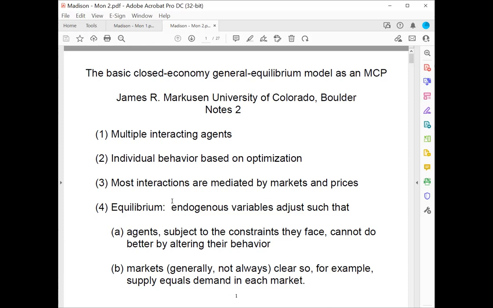So maybe I'll give everyone a few seconds here to see if they can open this one. It was called Madison pre-course mailing.